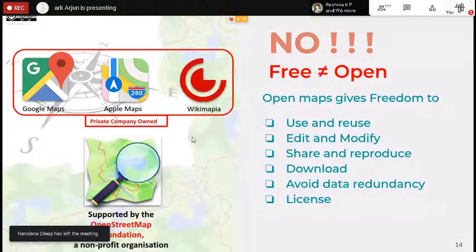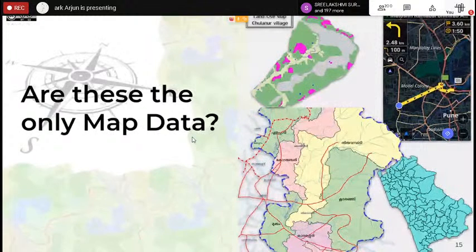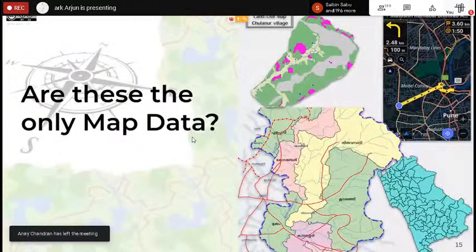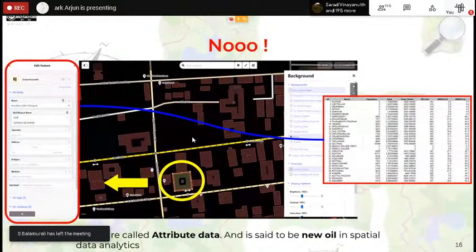So are these all only map data? All those maps, the navigation maps, or whatever the different types of maps, the land use maps, or the derived maps, thematic maps, natural maps, or political maps, are these all only map data? Well, no. The map data now has attributes attached to it.